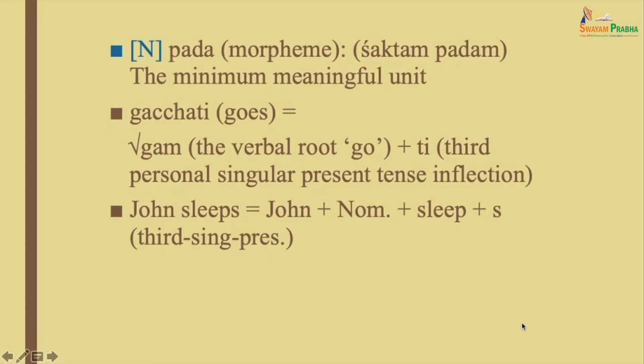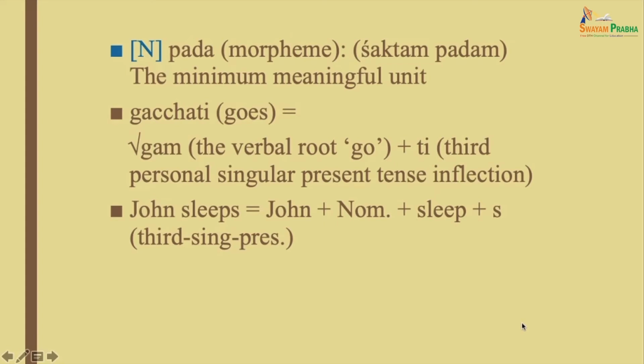For example, consider John sleeps. This is not two words, because it has at least 4 different units. John, which is an indivisible thing, and the nominative singular. Now the nominative singular is not represented, so it is a kind of zero morpheme. Physically speaking, it's invisible, but it's very much there. Because when you see, for example, he goes, but I saw him, you can see that in the case of he goes, although it is not marked, when it comes to him, the accusative is marked.